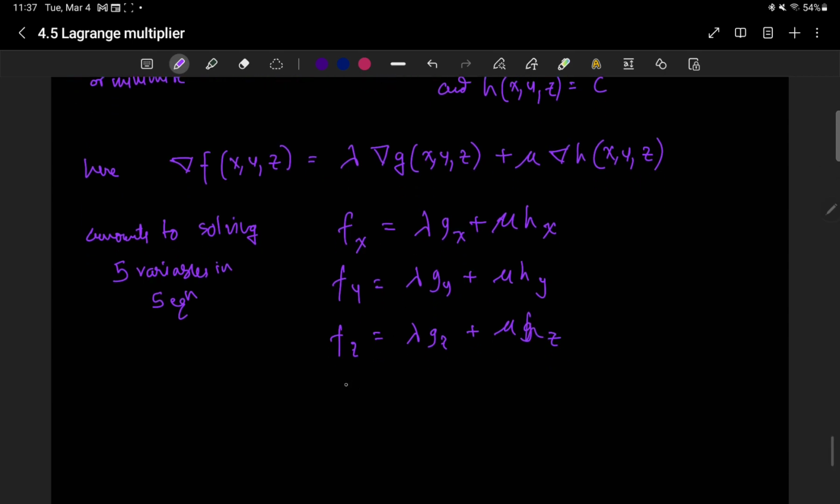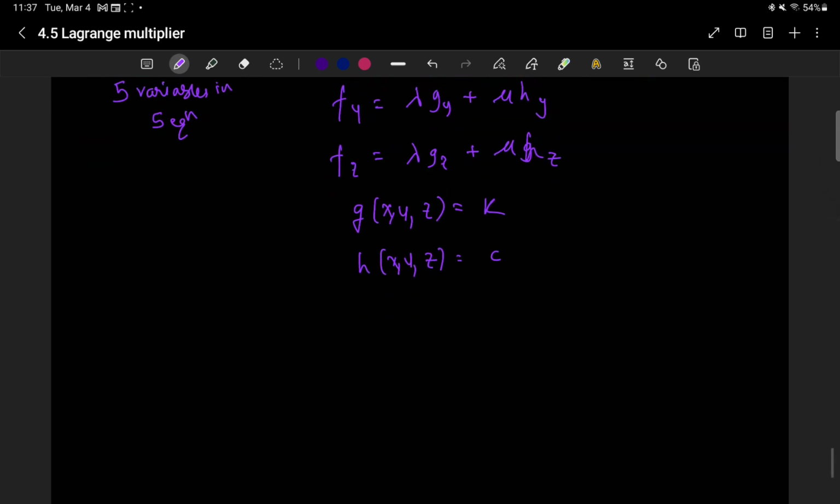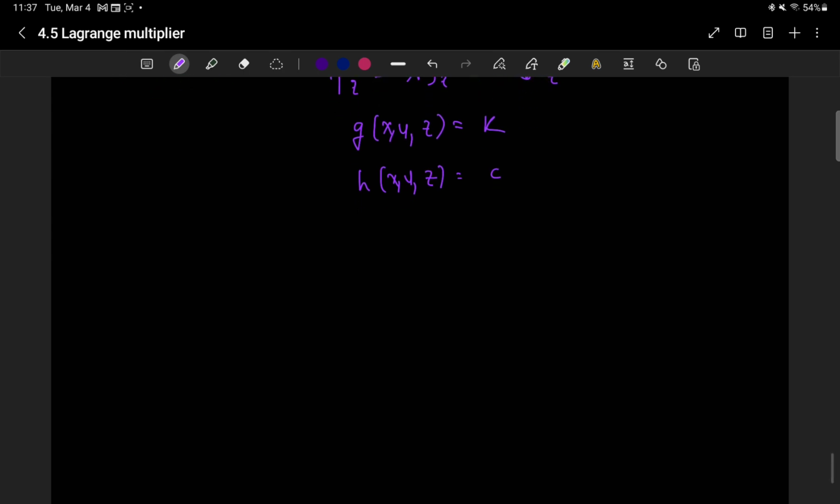And then we have constraint 1, the level curve, and constraint 2, the level curve for the second one. Okay, and as you can imagine, this process can be continued if you have multiple constraints. So let's look at an example.